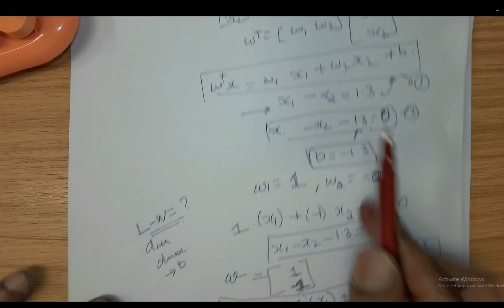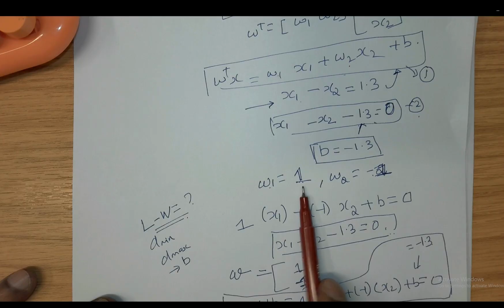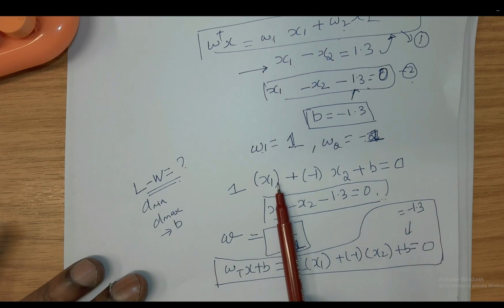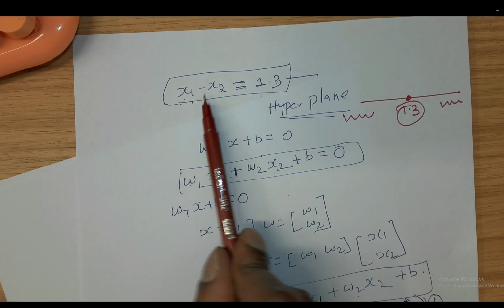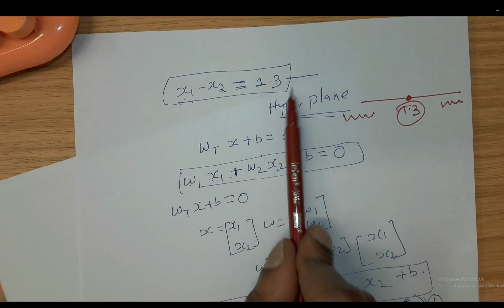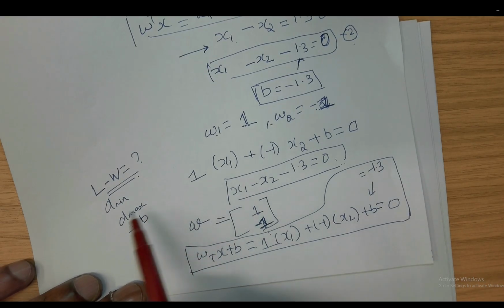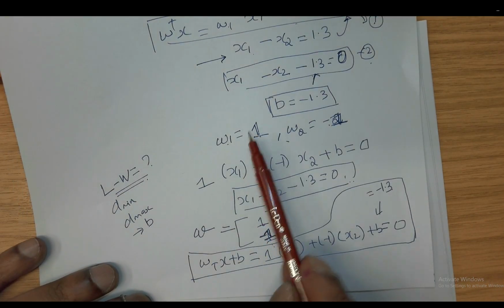And then we found that if W1 is equal to 1, W2 is equal to minus 1, and you multiply that with the corresponding x1 and x2, you get this condition, x1 minus x2 will be equal to 1.3. So this is the equation of a hyperplane, and I can prove that. So this is the right vector.